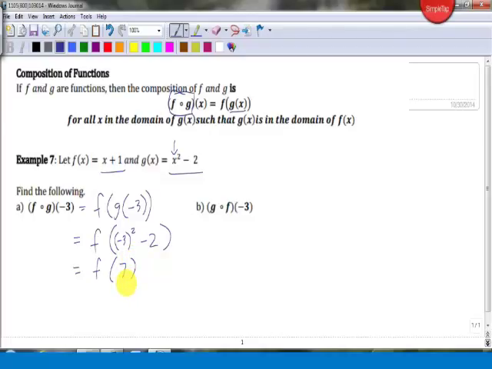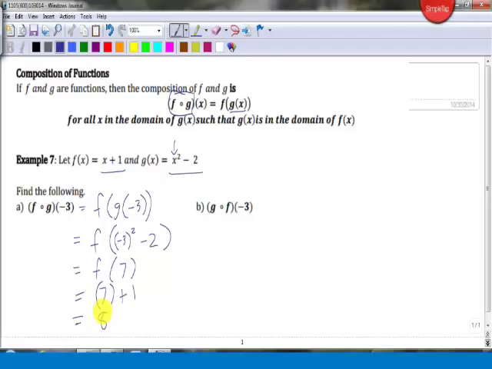-3 has come down the line, it's reached the g station, g takes the input -3, it outputs a 7, and then 7 keeps on going down the line, it gets to the f station, and then f does what it does. Function f in this case is the function that takes a number and adds 1 to it. So it takes the 7, and it adds 1 to it, and it gets 8.